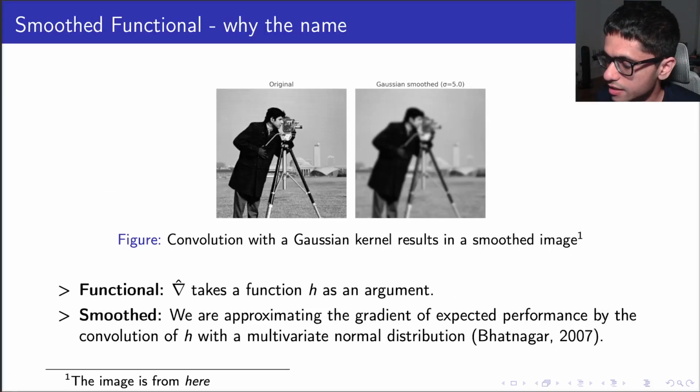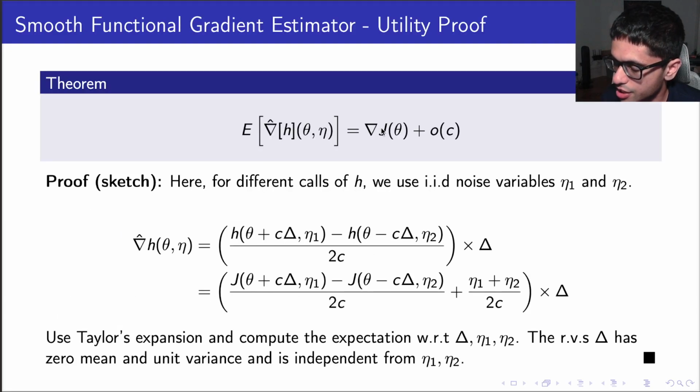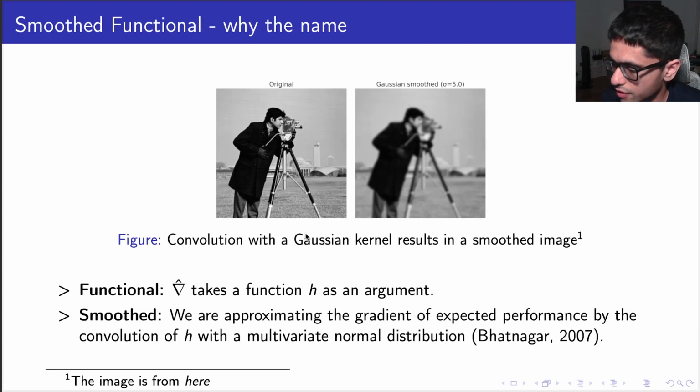So why is this whole process called a smoothed functional? Why the name? Well, the functional part is easy because grad hat takes the function h as an argument. It's a function of a function. The smooth part is a bit nuanced. It's just that we're approximating the gradient of the expected performance, grad J, by the convolution of h with a multivariate normal density.